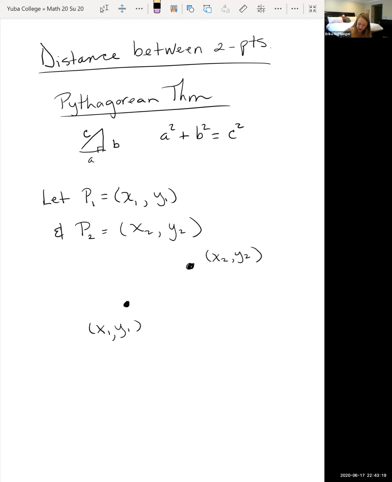So if I want to find this length that joins these 2 points in a straight line, we can basically draw a triangle, and we can make it a right triangle.